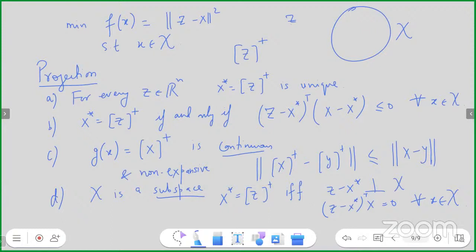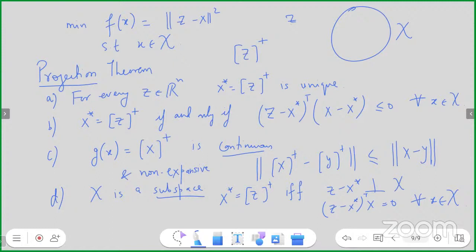So let's look at A. We have to prove all the results. What implies part A? The global minimum is unique.